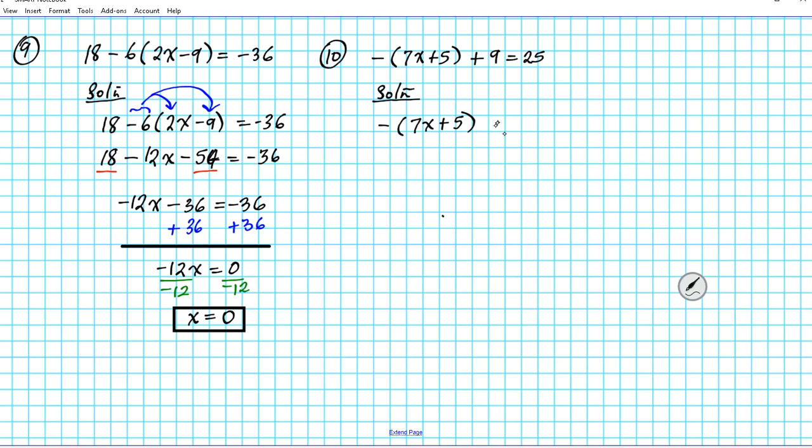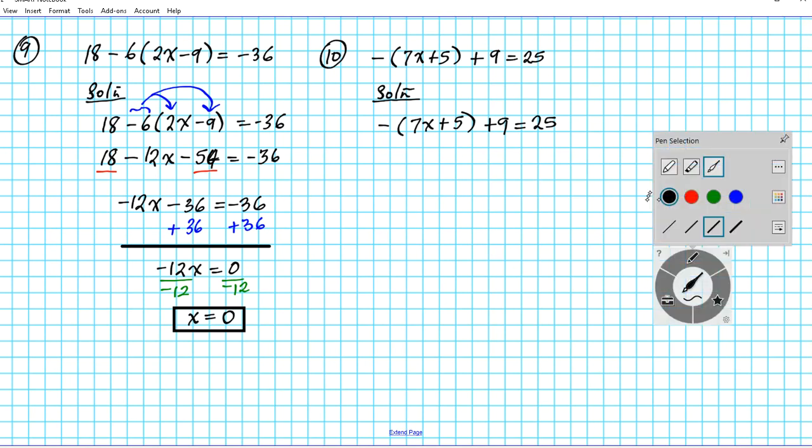But you notice that there is no number in front of the parenthesis, just a negative sign. However, there is a number: the invisible coefficient. If there is no number in front, the default coefficient is always 1. So there's a negative 1 right here.